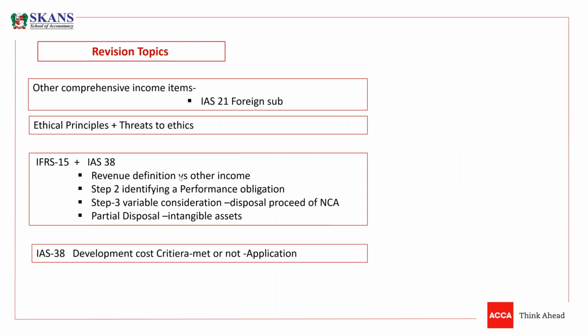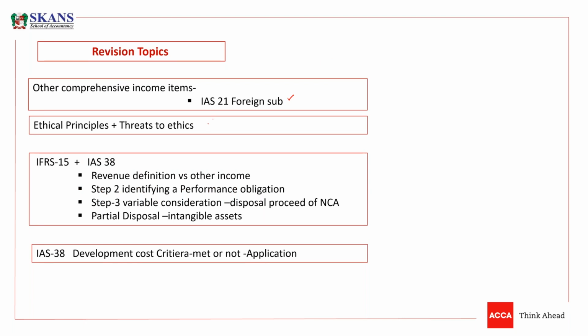So let's understand what topics we need to revise to solve these questions. The first thing that we need to revise is other comprehensive income items, specifically IAS 21 foreign subsidiary. Then the other thing that we need to revise is ethical principles and threats to ethics.